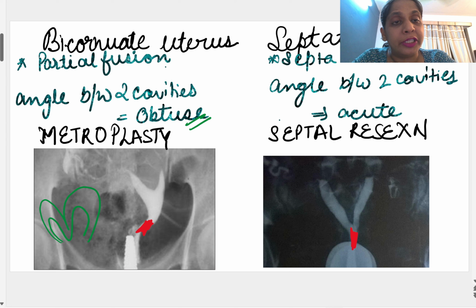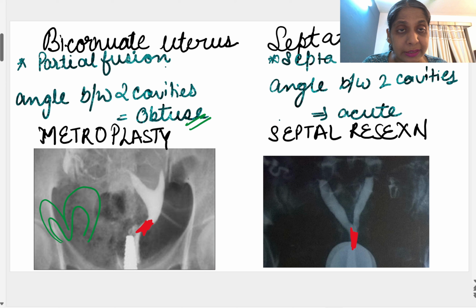So if you find that the angle between the two uterine cavities is acute, then it is septate. And if the angle between the two uterine cavities is obtuse or more than 90 degrees, then it is bicornuate. And there, because the uterine wall is coming inside, we have to do metroplasty.